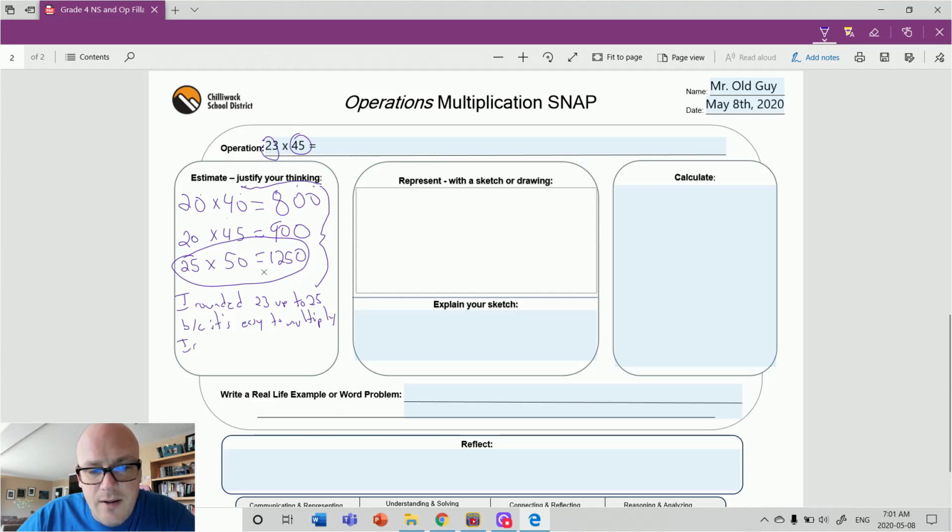I rounded 45 up to 50 because we round up on 5s. There. So I justified my thinking. I explained for this one how I did it. That's all you're doing for your justifying. You're just explaining what you did in order to get it.